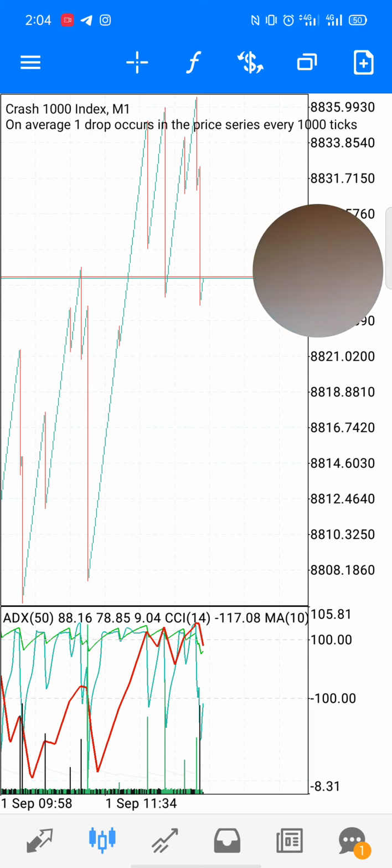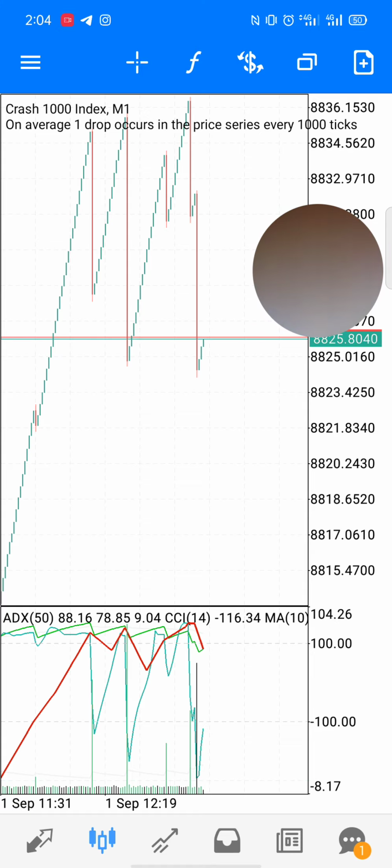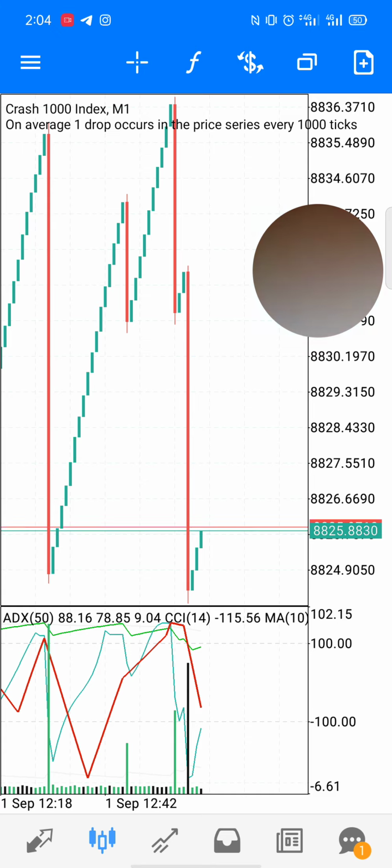We are going to be using the third zoom level. So you zoom out once, you pinch out your screen. This is the second zoom level. Again, this is the third zoom level. That is how to set your zoom levels. And we are using the third zoom level for the Crash and Boom strategy, guys.